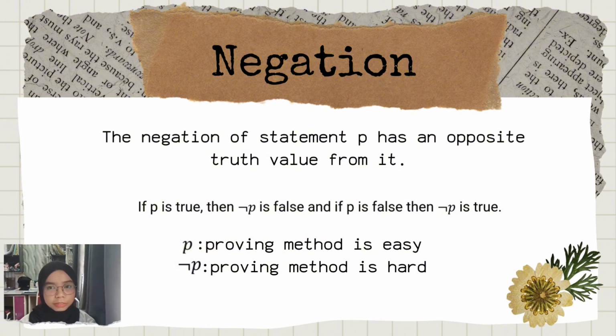If P is false, then not P is true. For example, the statement P, proving method is easy, not P, proving method is hard. It means the truth value of the negation is always the opposite to the truth value of the original.